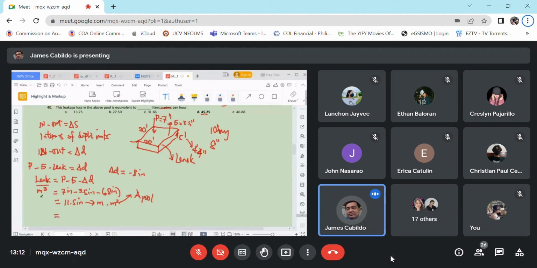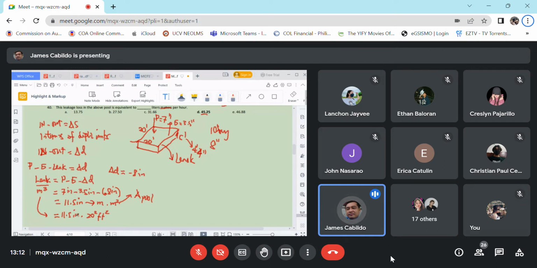So since we are going to solve it in terms of volume unit, cubic meter. So 11.5 inches multiplied by the area of the pool, which is 20 by 20 feet. So 20 squared feet squared. Okay. Tama? 20 squared feet squared.